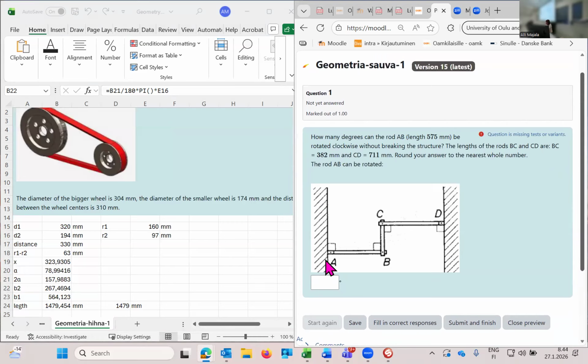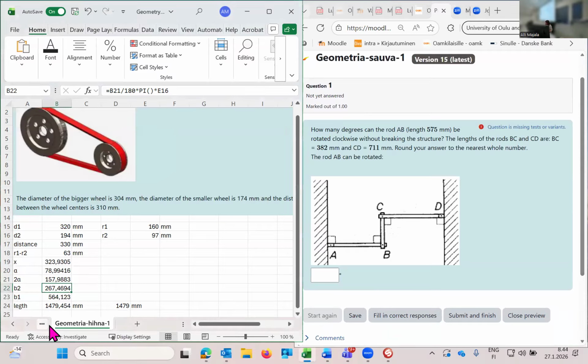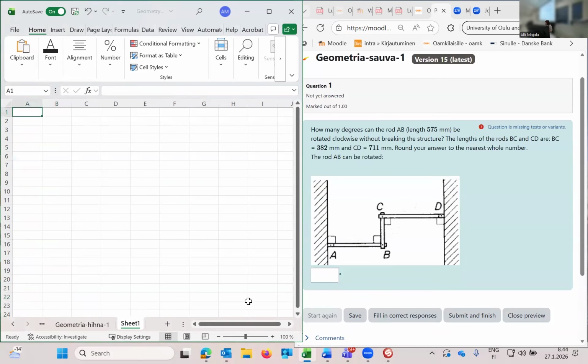It's interesting. I already calculated that here, but I can do it again as well with the Excel. I think when I was checking if these actually work, I could do it again. Maybe.